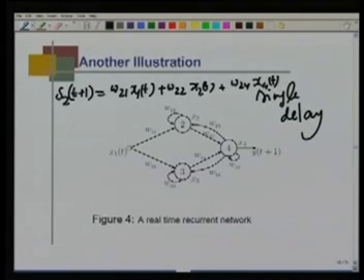These are the total 3 input signals to this neuron 2.